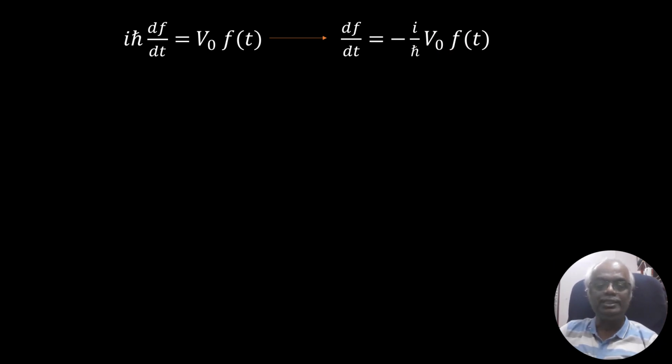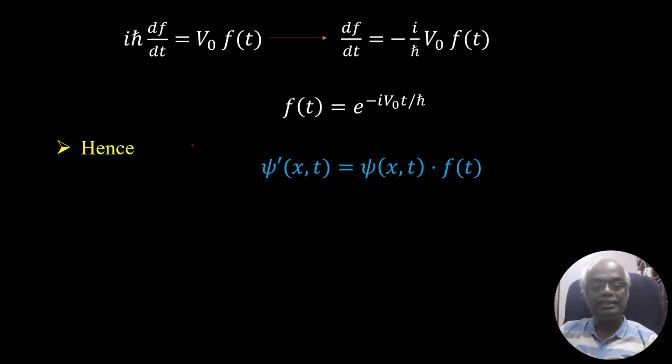Now what is the general solution for this? f(t) is equal to e to the power minus i V0 t over ħ. Now we know that ψ'(x,t) is equal to ψ(x,t) multiplied by f(t).